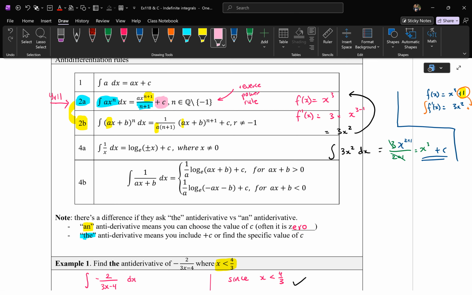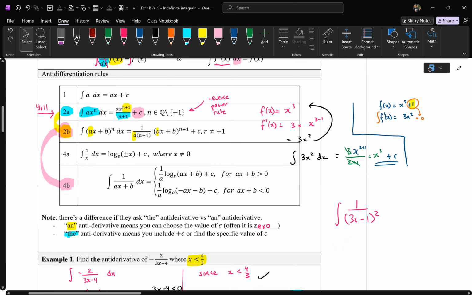What makes this tricky in this exercise is that 2b and 4b look very similar. You see, ax plus b to the power of n, it says as long as n, the power, is not -1. I could have had antiderivative of, actually I shouldn't use ax, let's do 3x minus 1 all to the power of 2.